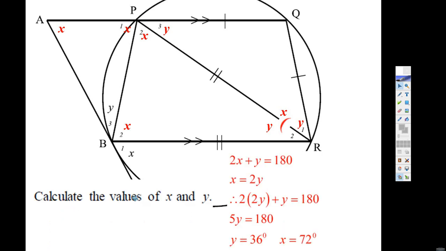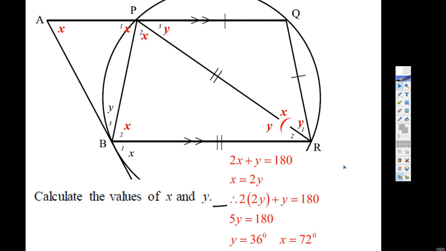It says, calculate the values of x and y. Well, what you can do is build two equations. You know that x plus y equals 180 degrees because it's a straight line. You could also say x plus y plus y in triangle PRB is equal to 180 degrees because of angles in a triangle.